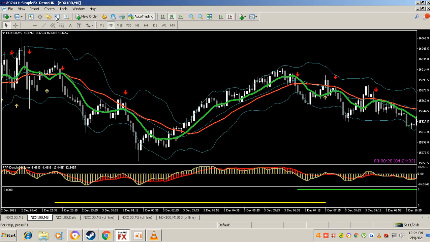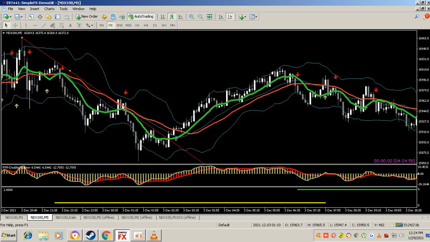Okay, this is the high of the previous day. See if we insert the trend line here. Okay, and then we move this one, trigger point here. The next point is about here.